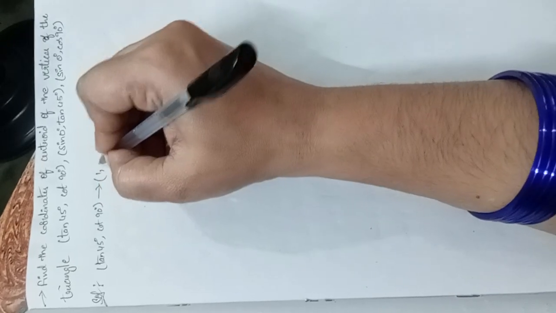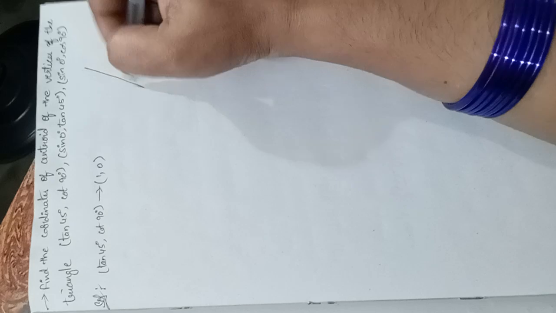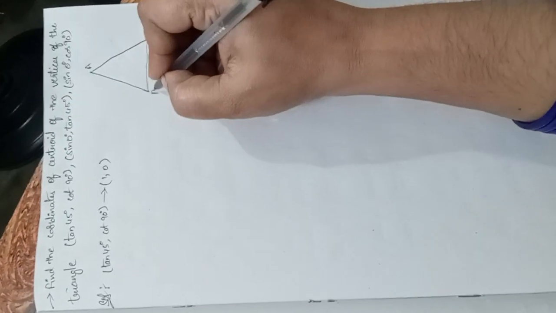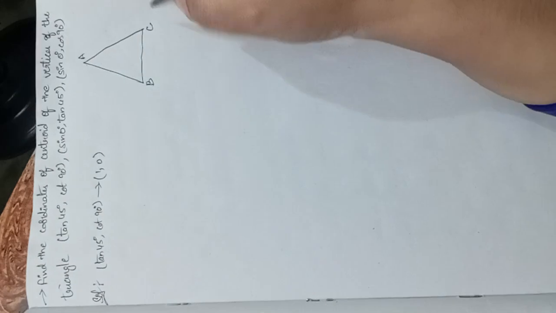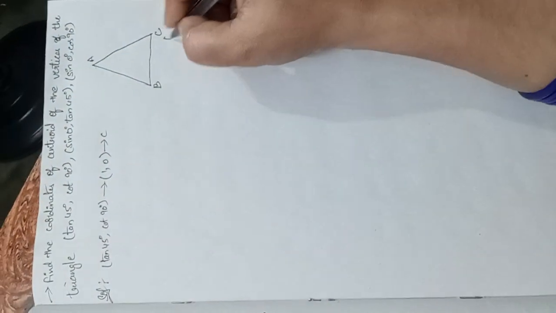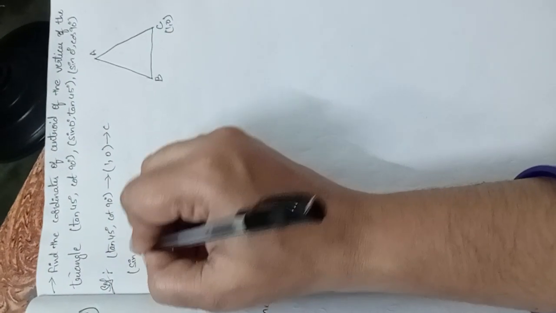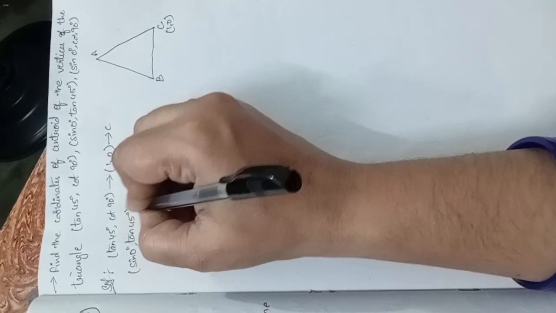Tan 45 is 1, cot 90 is 0. Taking the triangle as A, B, C, this is 1 comma 0, which I am taking as C. Next, sin 0, tan 45 degrees.